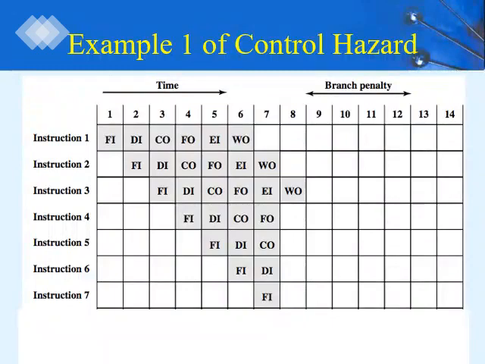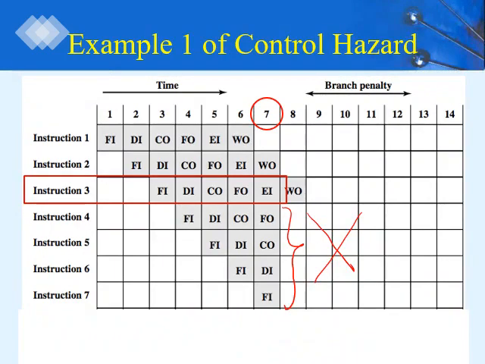After instruction 3 has executed the instruction and found out that it's actually going to branch to instruction 5, all other stages stop here. Nothing here. So why?